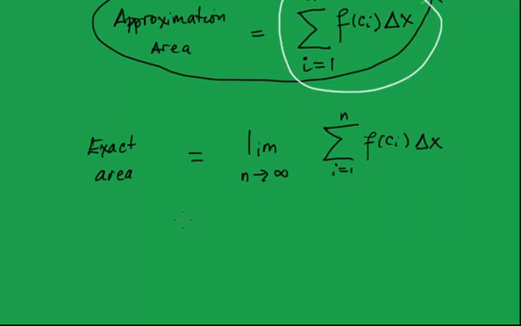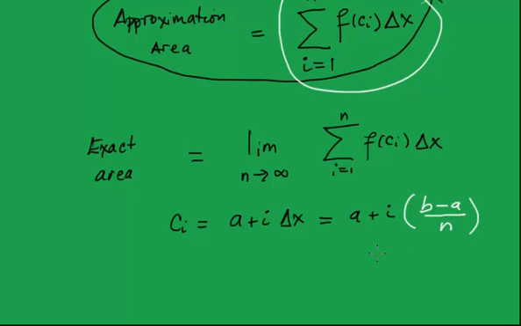And remember here that Ci is the right endpoint, so it's equal to a plus i delta x. And we even know what delta x is. So it's equal to a plus i, and what's delta x? We saw that delta x is b minus a over n. So that's the formula for Ci.